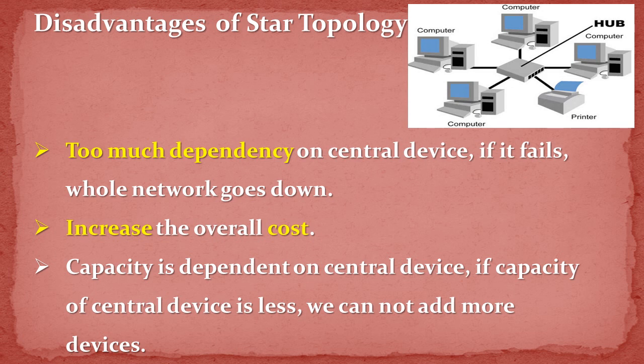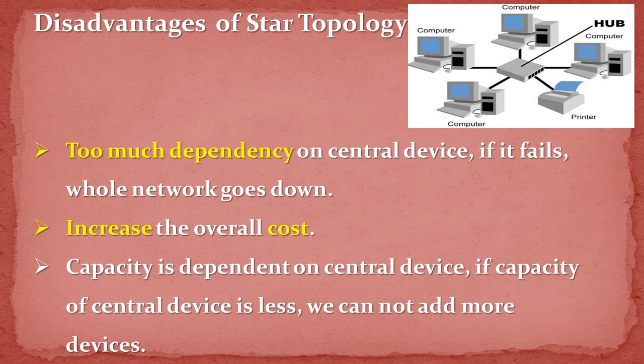As we have to purchase hubs, switches and routers separately, it increases the cost of your overall networking setup. Next, capacity is dependent on the central device. If the capacity of the central device is less, we cannot add more devices. It means we can't add more workstations and other peripheral devices to this network.